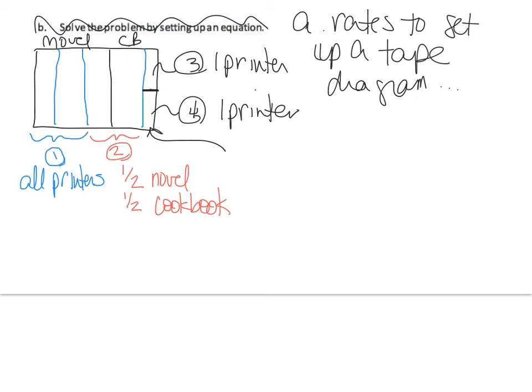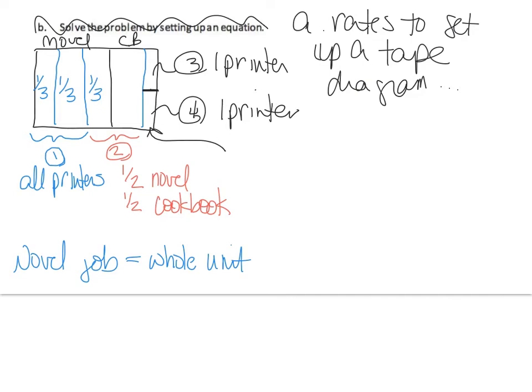All right, let's see where we are now. So what we can really say here is that the novel job is the whole unit. The novel job is the whole unit, and each third is a third of the whole.